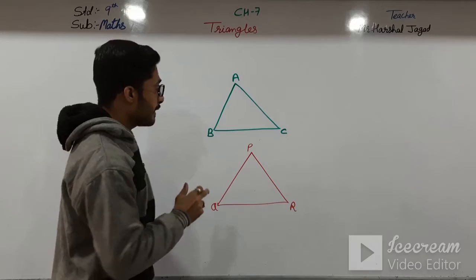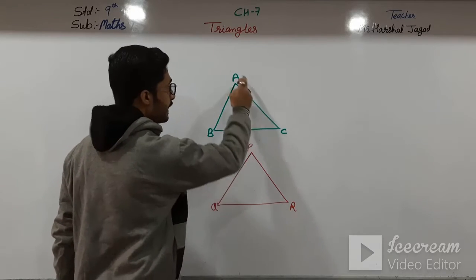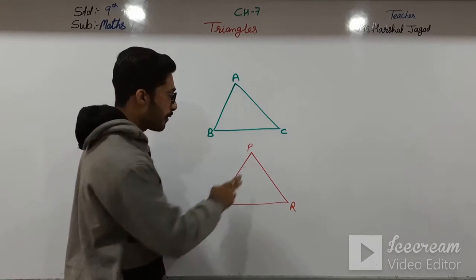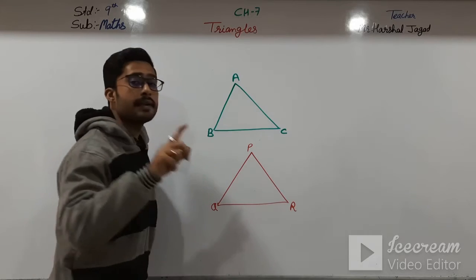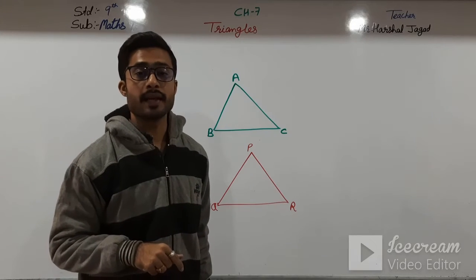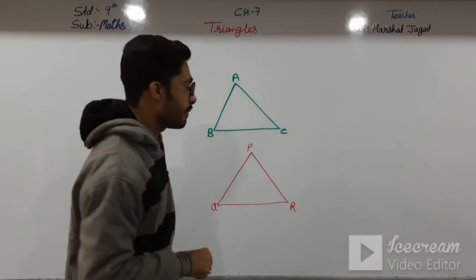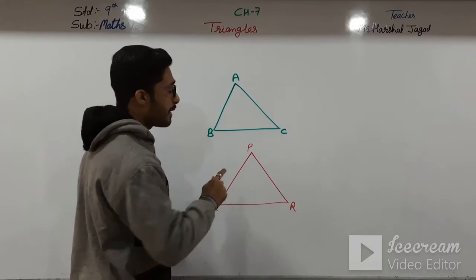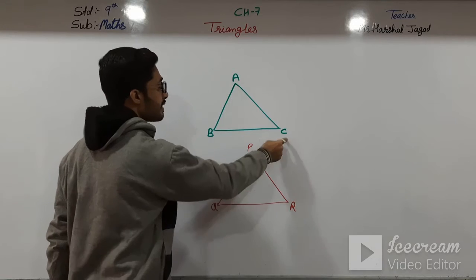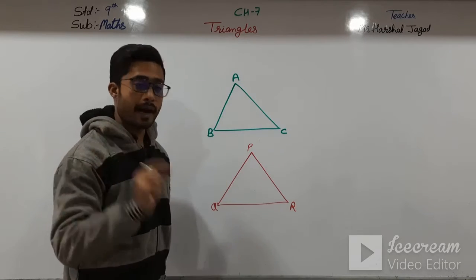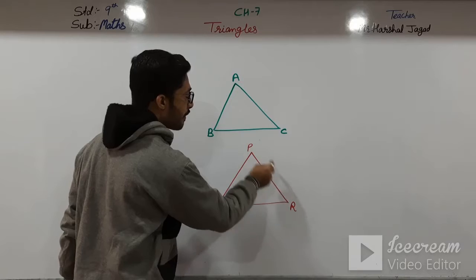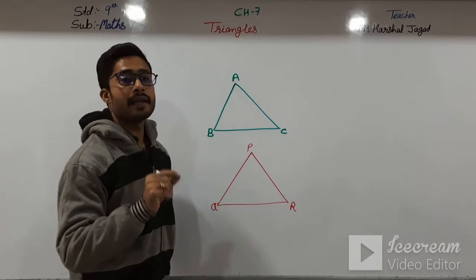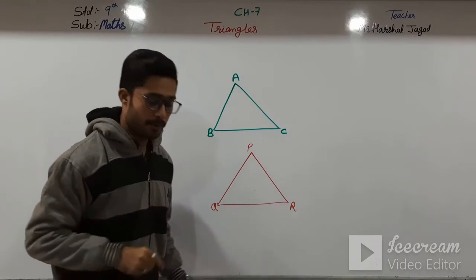But if I say triangle BCA is congruent to PQR, then it is a false statement. If we want to write it as triangle BCA, then we have to write triangle QRP. Then only can we say this statement is true.